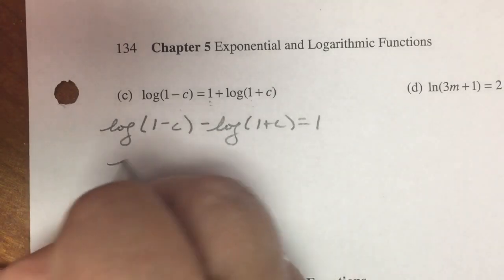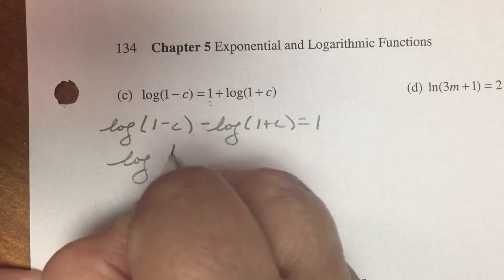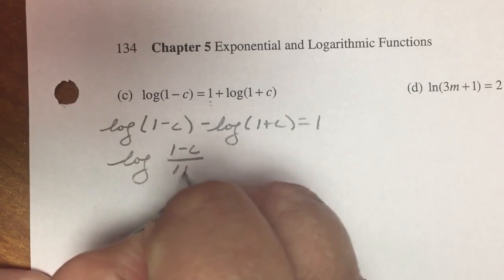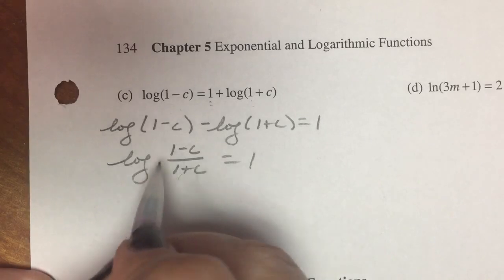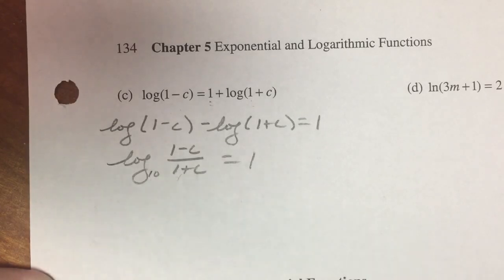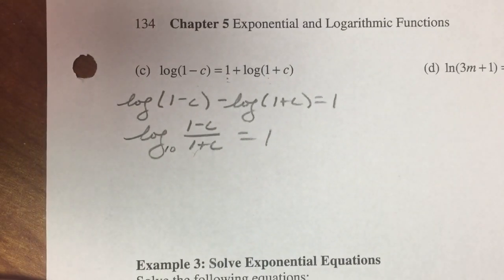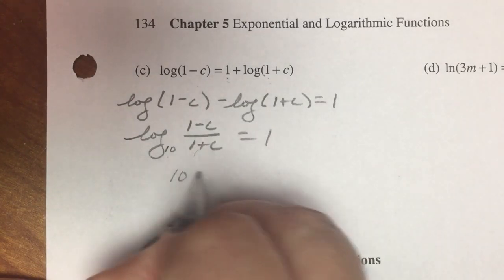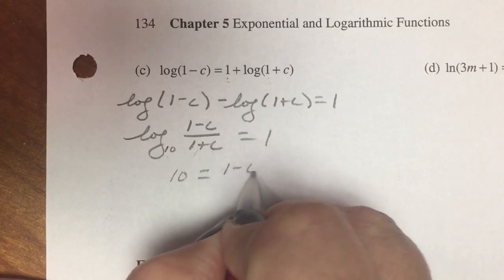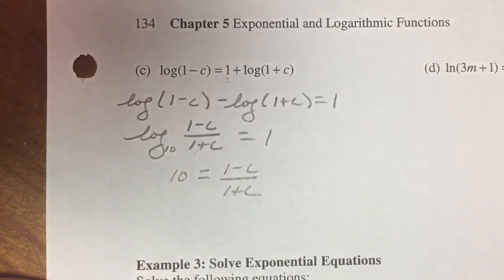Subtraction means they were originally divided. Now remember, since there's no base here, it's understood to be a 10. It's a common log. So now I use my definition, 10 to the first power, which is 10, is equal to 1 minus c over 1 plus c.